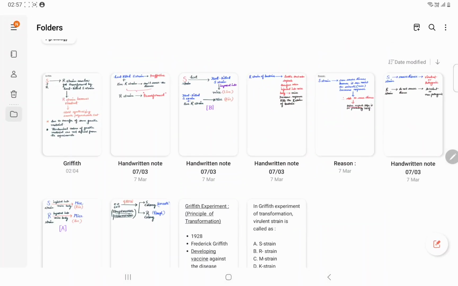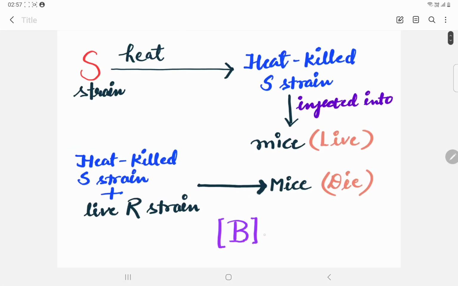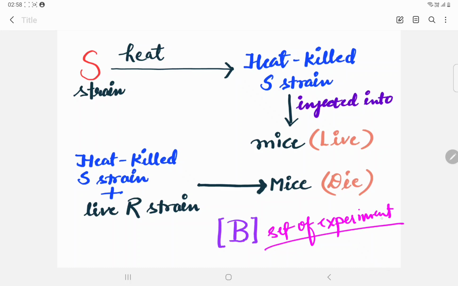Coming back to another set of experiment, which I have named here as the B set of experiment. In this set of experiment, Frederick Griffith used the technique of heating the bacteria to an extreme temperature.